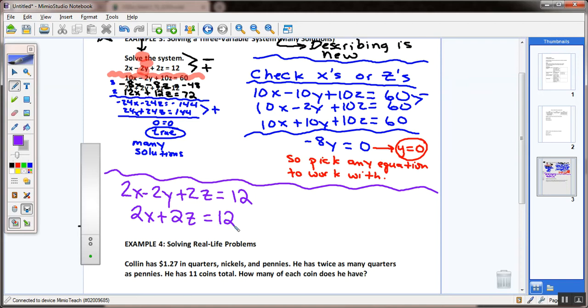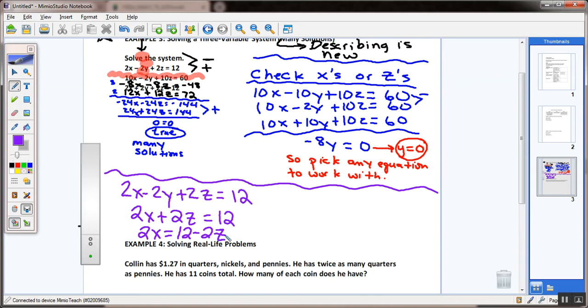What would I have to subtract out on both sides first, kids? To get this 2x alone, what would I do? Subtract 2z. So, yep, 2x is going to equal 12 minus what? You guys agree 2x would equal 12 minus 2z? You guys all agree with that?